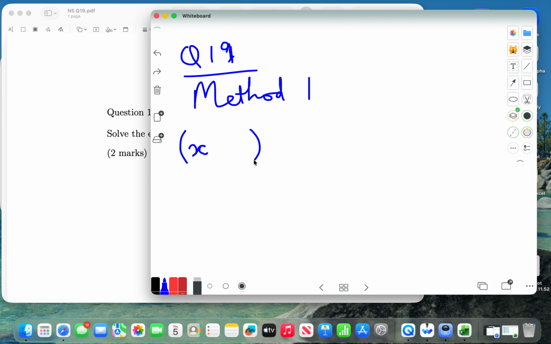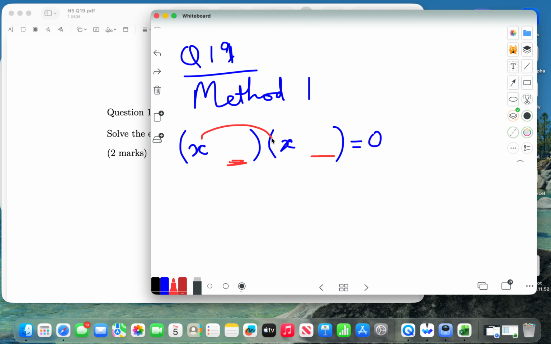So if you put two numbers in each of these slots, then you will get x squared plus a term in x.